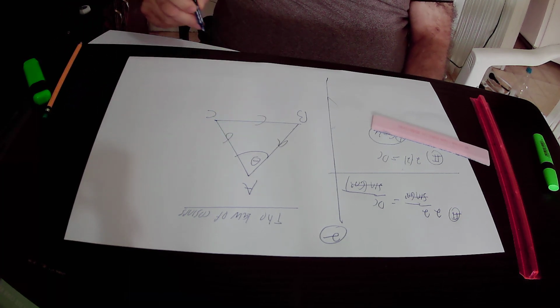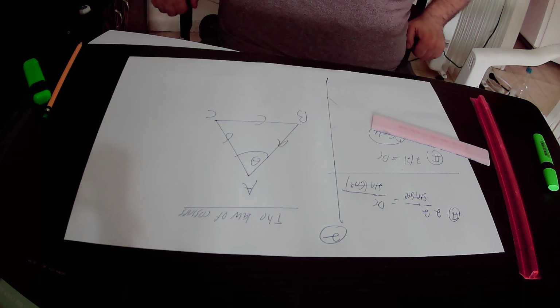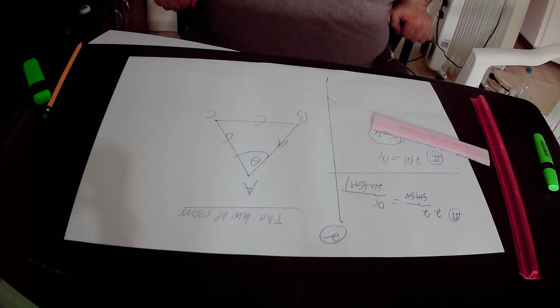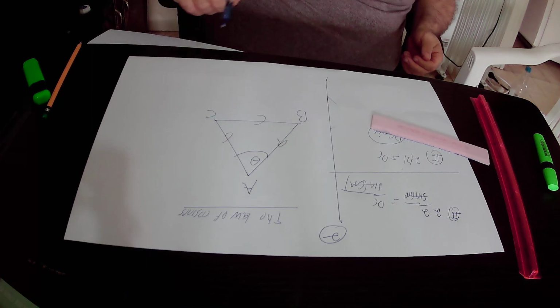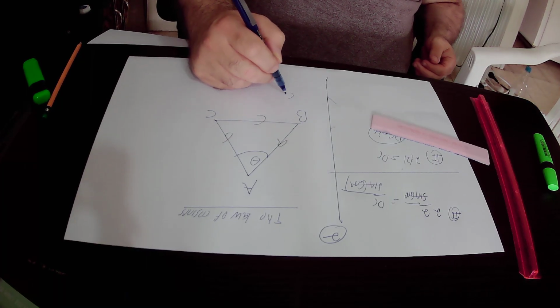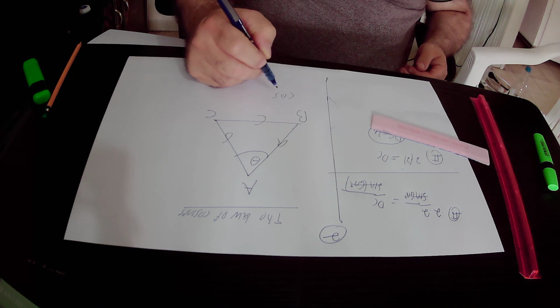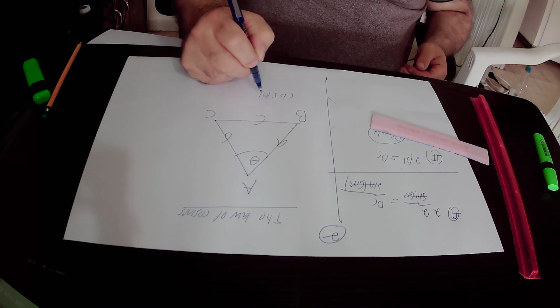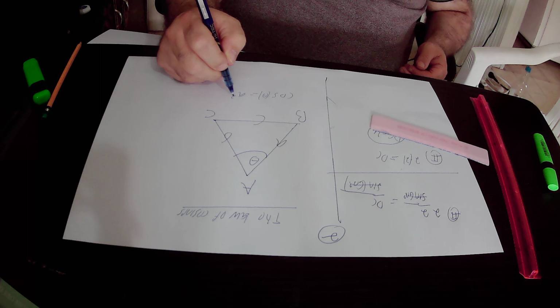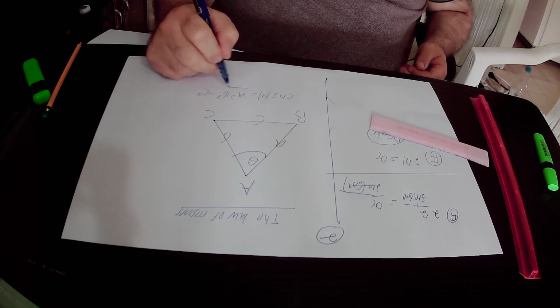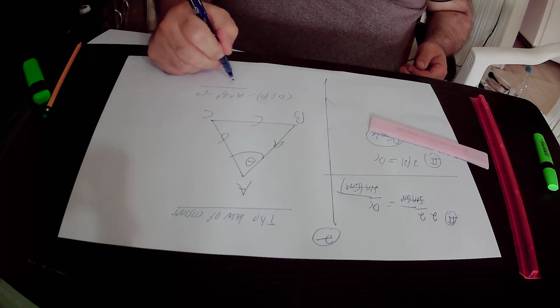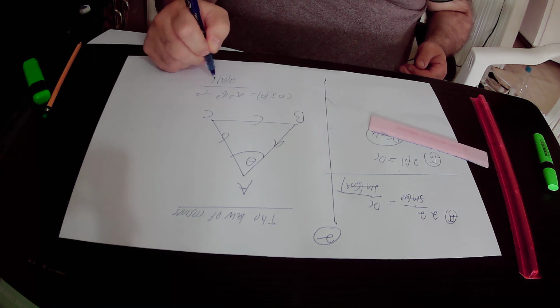Then according to the law of cosines, we will get that cosine theta equals a squared plus b squared minus c squared over 2 times a times b.